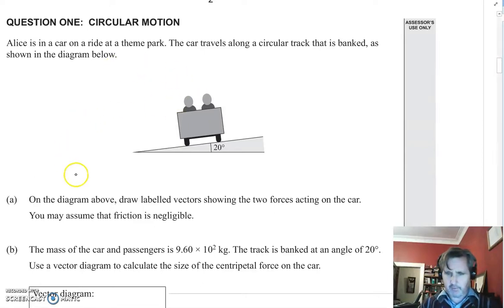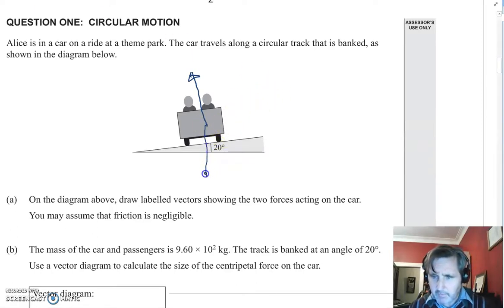The first thing they ask us to do is, on the diagram above, draw labeled diagrams. That's my support force, and then I'm going to draw a gravity force. So this is a force of support, and this is a force of gravity.